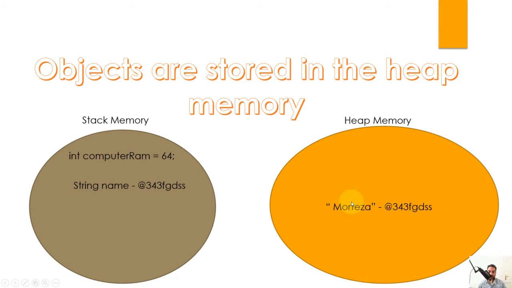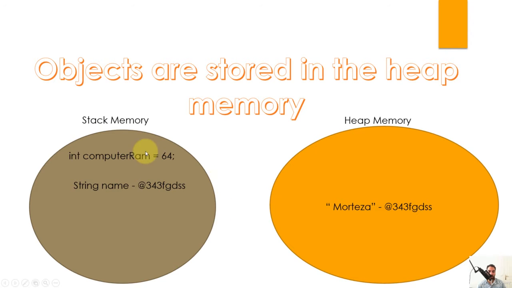Here I just put the address in order to show you that the address that we have inside the stack memory is going to be the address of this object inside the heap memory so that we can find this object. Now you should know that stack memory is faster than the heap memory because we can access it faster. But it's not that noticeable.